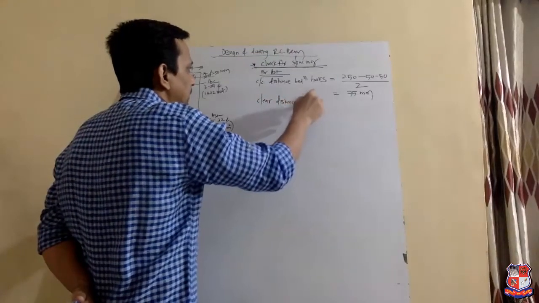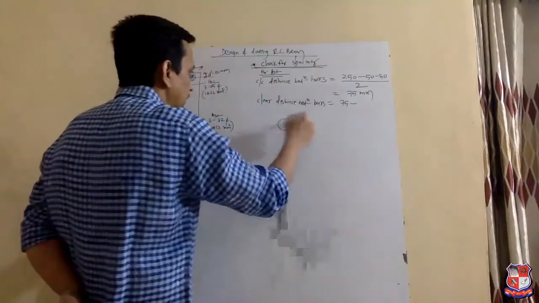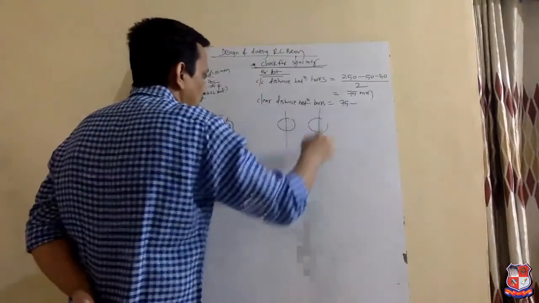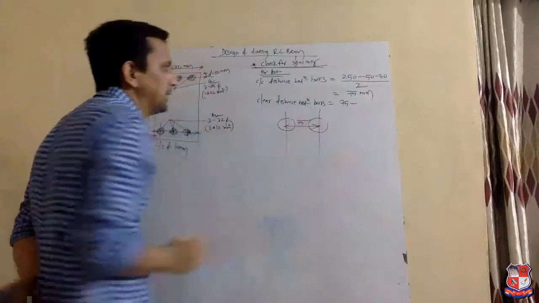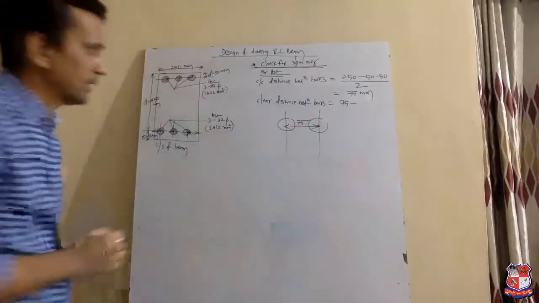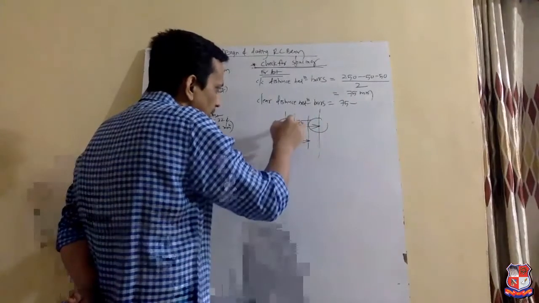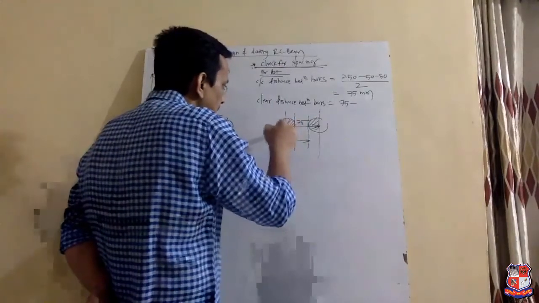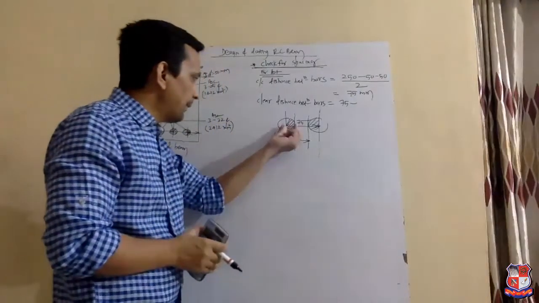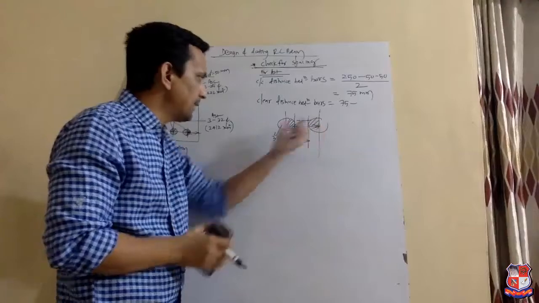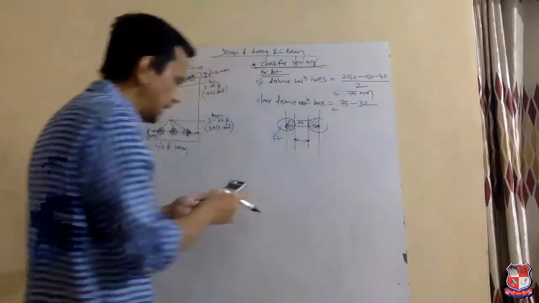And from the center to center distance, just find the clear distance between bars. What we have found is that the center to center distance is 75 mm, but we need the clear spacing. So this whole diameter is 32 mm, right? So half a diameter from this side and half a diameter from this side means we need to deduct one whole diameter.